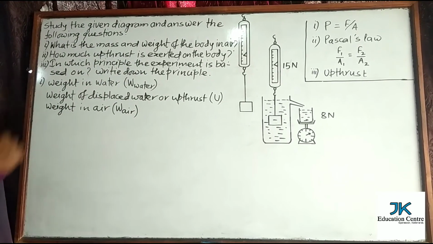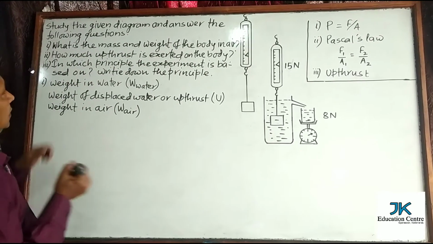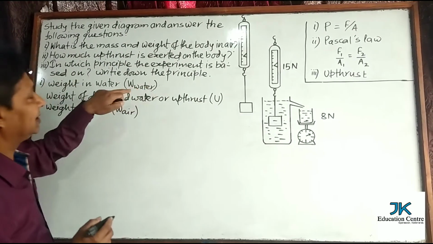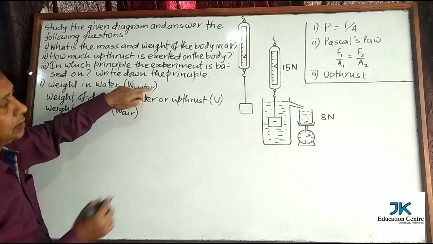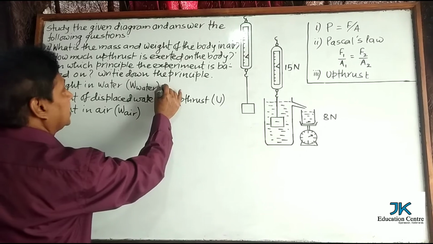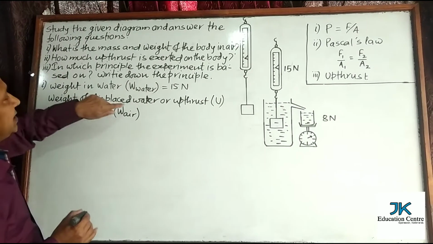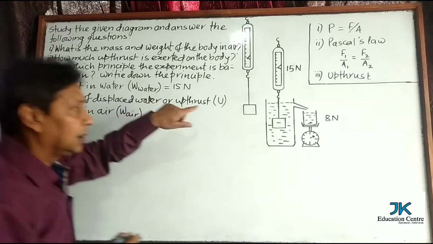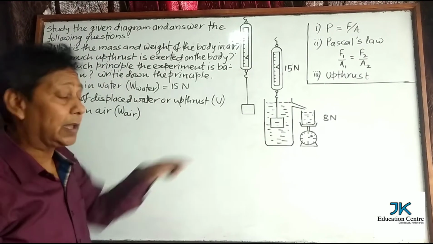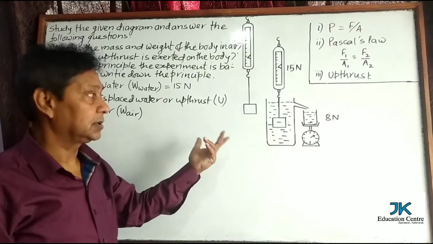Now let's start. First we write the given information. Weight in water: we can say the liquid is water, that's why I am writing water, it's not given there. How much is the weight of the body in water? 15 Newton. And the weight of displaced water, in this case, is the upthrust.